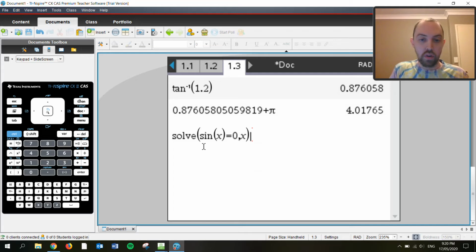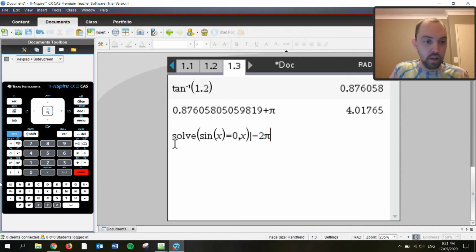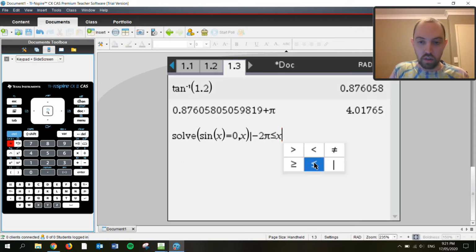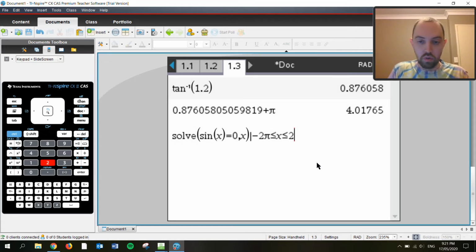So solve this for, and I can say between negative 2 pi less than x less than or equal to 2 pi.